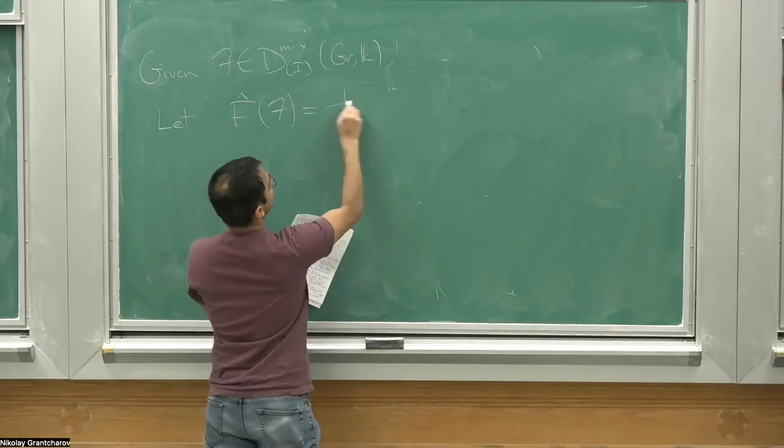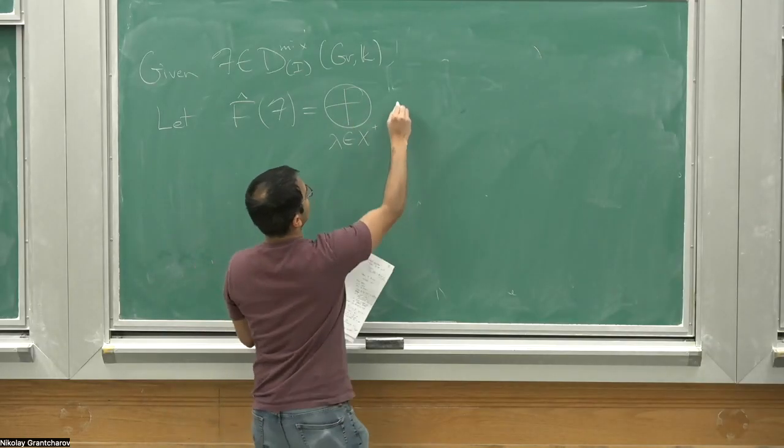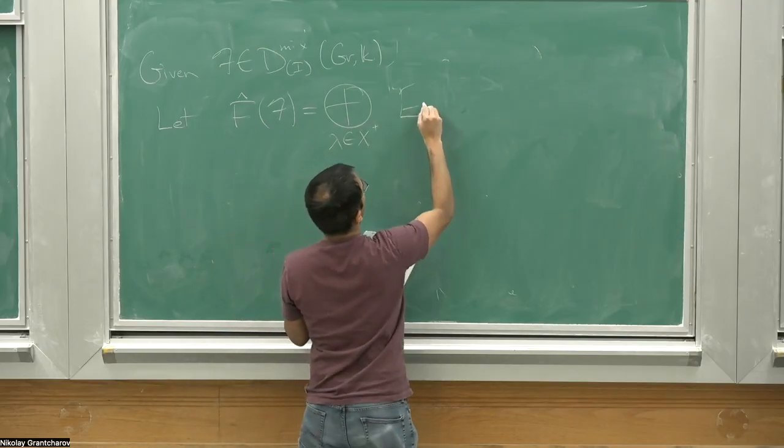I'm going to take a direct sum over all dominant weights of the following.